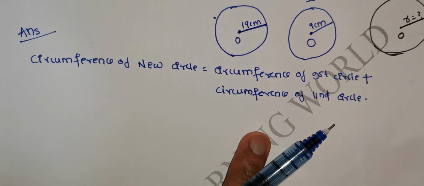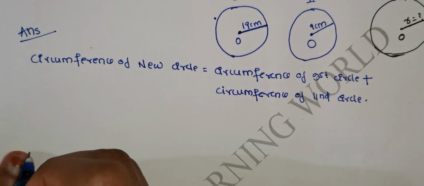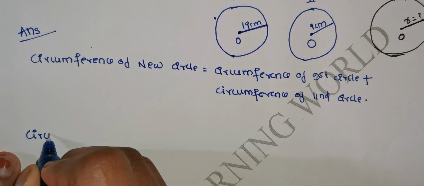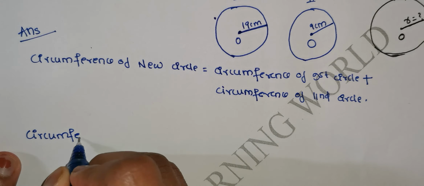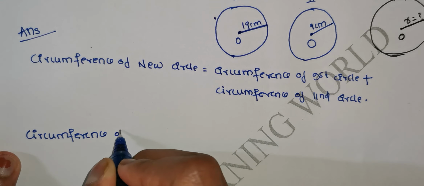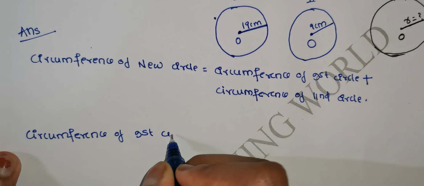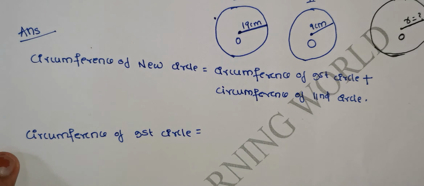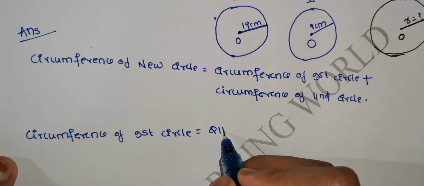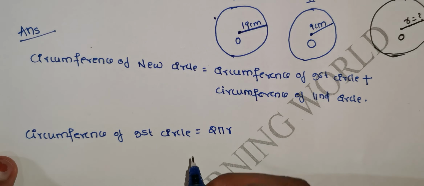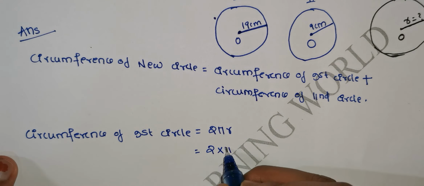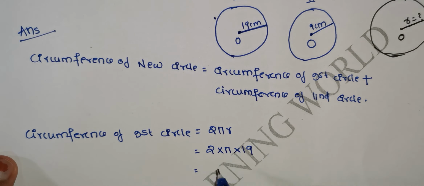So let's find the circumference of the first circle. Circumference of first circle is equal to 2 pi r. What is the radius of the first circle? The radius of the first circle is 19. So 2 into pi into 19. 19 plus 19 is 38. So 38.